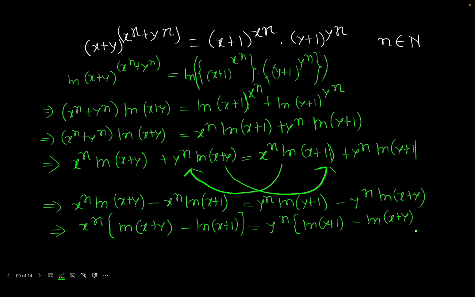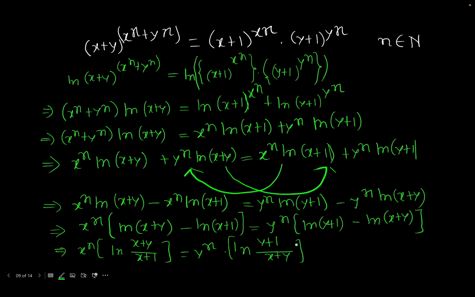We can write it down. So now we can write x to the power n ln, and this is in minus, so we'll write x plus y divided by x plus 1 is equal to y to the power n ln y plus 1 divided by x plus y.